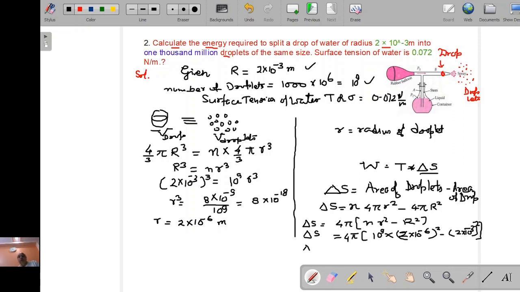So the change in area is 4 pi, 2 into 10 to the power 9 minus 12, that is minus 3, minus, 2 square is 4, minus 4 into 10 to the power minus 6.